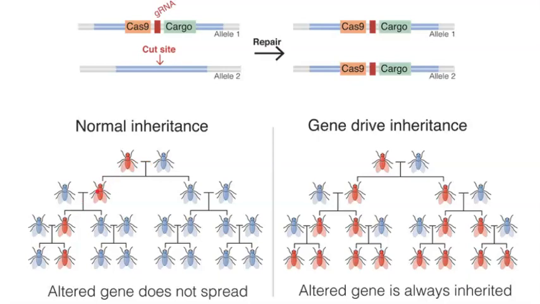It's getting passed on to half of the offspring, but that's not spreading throughout the population. With the gene drive inheritance, every offspring has it. Between these two, all of their offspring have it. And pretty soon, after a few generations, the altered gene is going to be in the population.